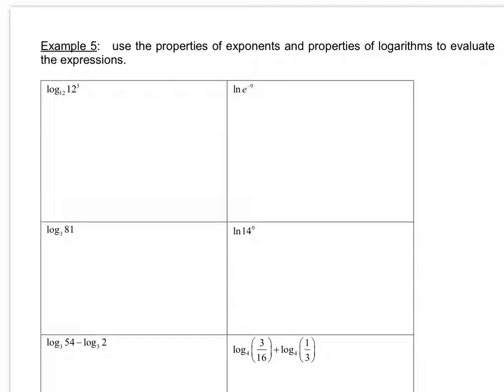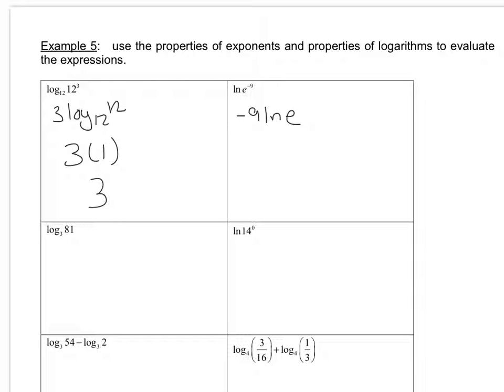Okay, so it says use the properties of exponents and properties of logarithms to evaluate the logarithmic expression. So this would be 3 log base 12 of 12. And then remember, anytime the base of the log matches the number, it's 1. So this is 3 times 1, 3. Here we'd bring the negative 9 down, so you get negative 9 natural log of e.